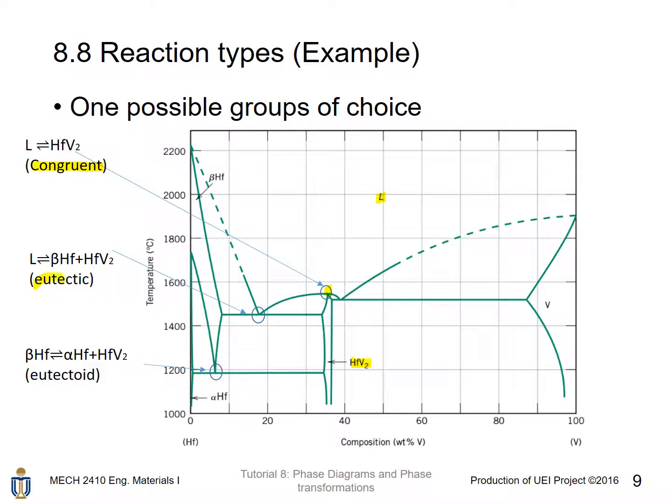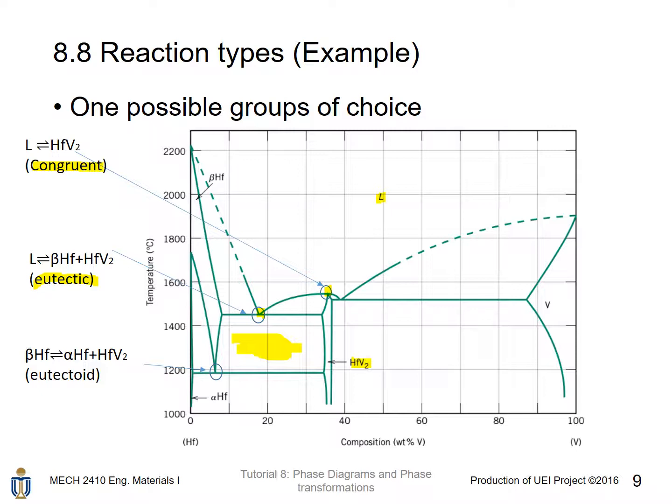For the eutectic transformation, it is shown at this point, because just above this point it is completely liquid state, but just below this point this region is unlabeled. How can we know that it consists of two distinct solid phases?